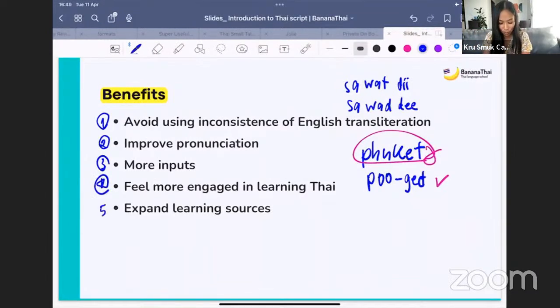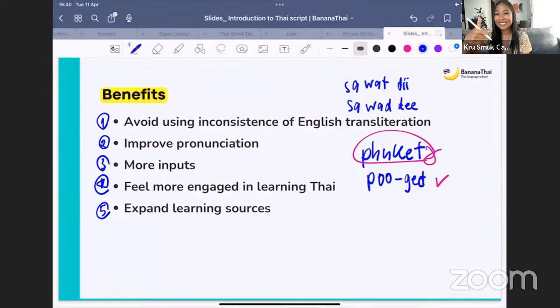And lastly, you can expand learning sources from not only the podcast and audio listening practice, but also from books, stories, Instagram posts, social media posts. So these are all the benefits of why I highly recommend you to learn how to read basic Thai.